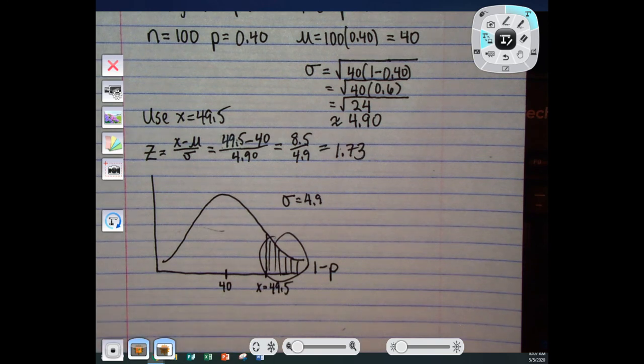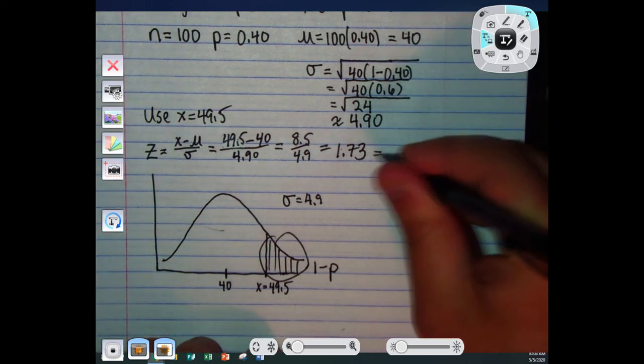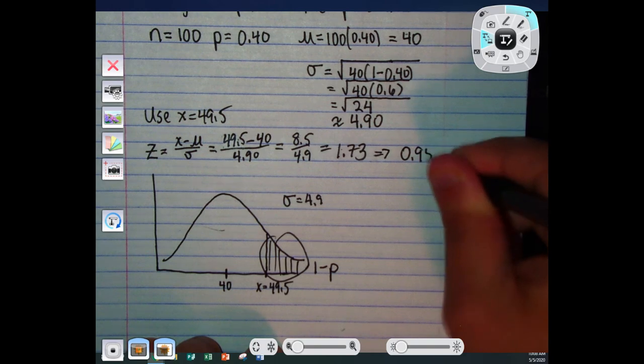So when I go to look up a z-score of 1.73, we end up with 0.9582.